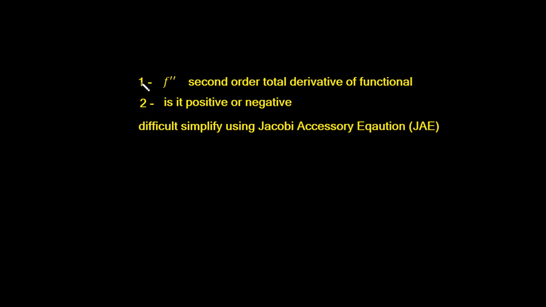So don't worry too much about this here. We'll see exactly where this Jacobi accessory equation comes from, and we'll work through how we are able to simplify the second order total derivative in order to work out whether we've got a positive, which would give us a local minimum, or a negative, which would give us a local maximum. So let's crack on, and we'll do this over the next few videos.